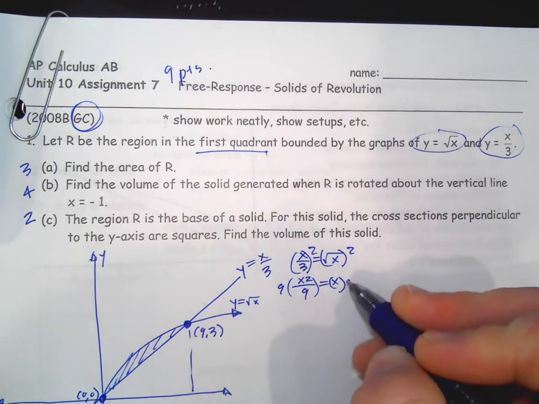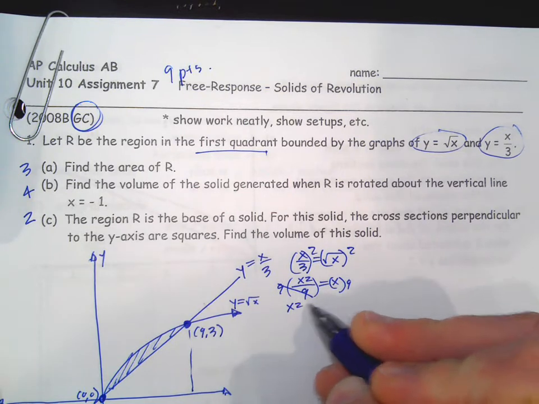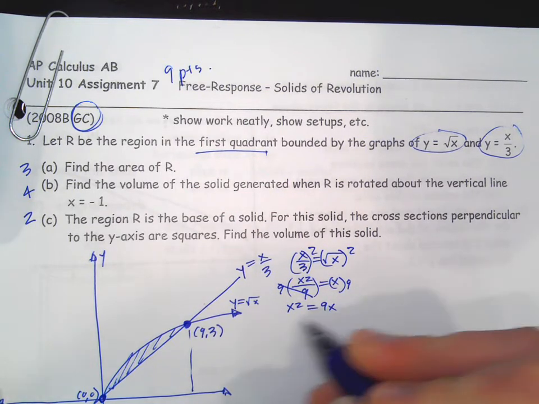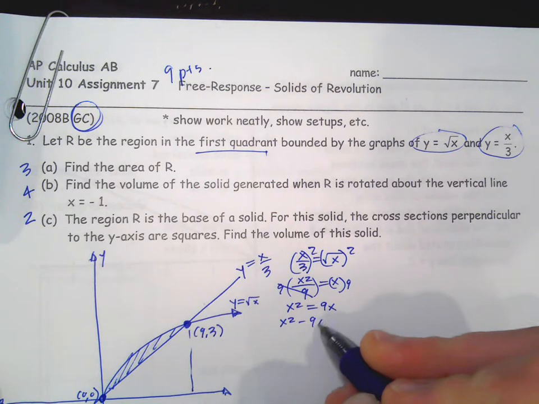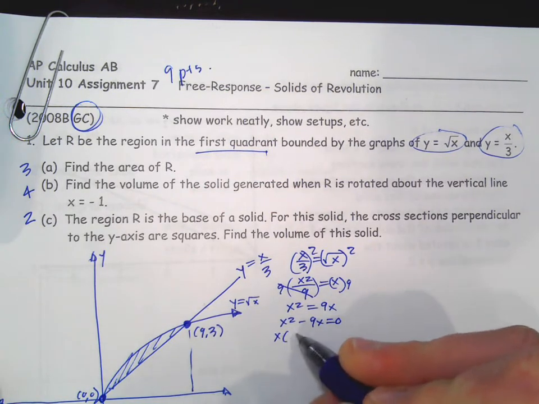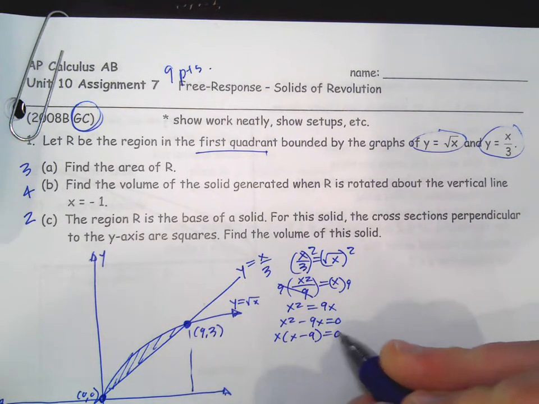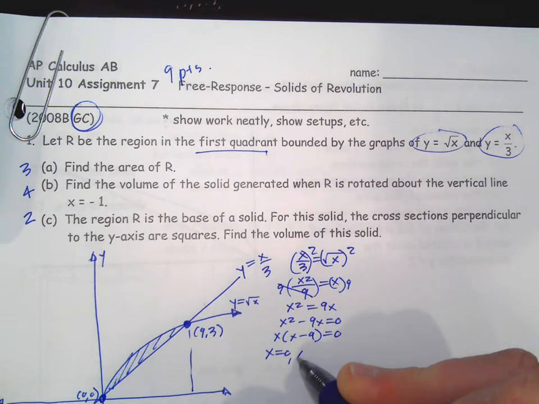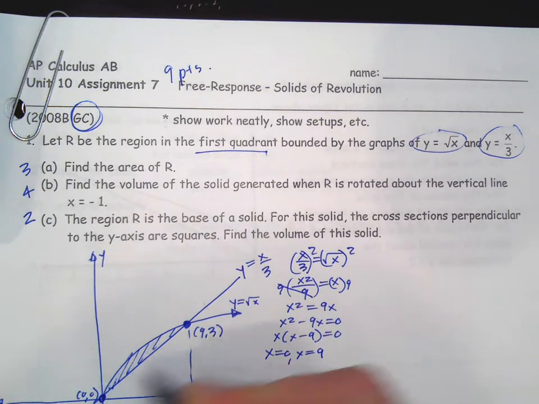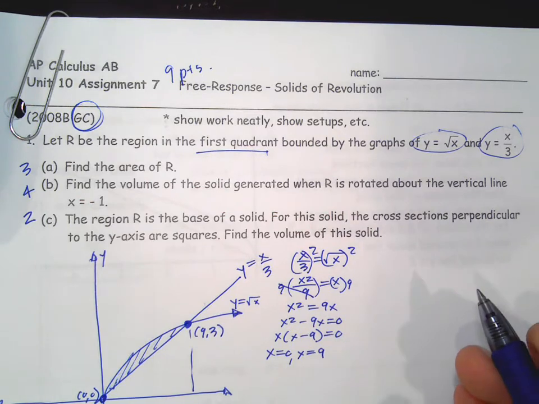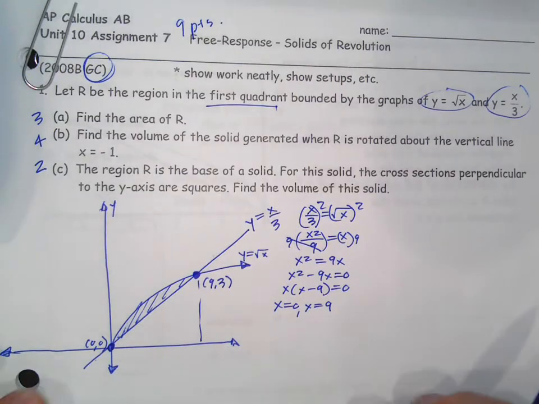This is something we should be really good at, something we might have to do anyways. So move everything to one side, equals 0, factor it, get x equals 0, x equals 9. 0, 0 and 9, 3, perfect. Okay, so pretty easy to do by hand.